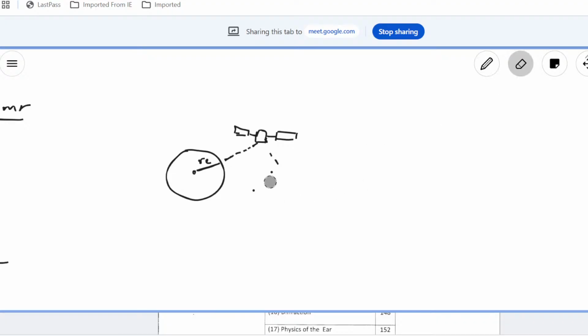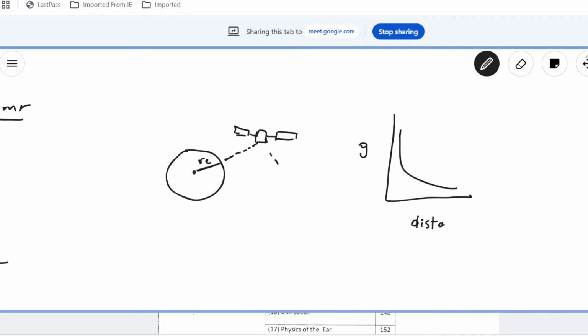But because the distance from the center of the Earth to the satellite is larger, the force acting upon the satellite would be smaller, because the distance is inversely proportional to the force of attraction. Yes. So the farther away you get, the weaker the gravitational force gets. And it's an inverse square relationship.